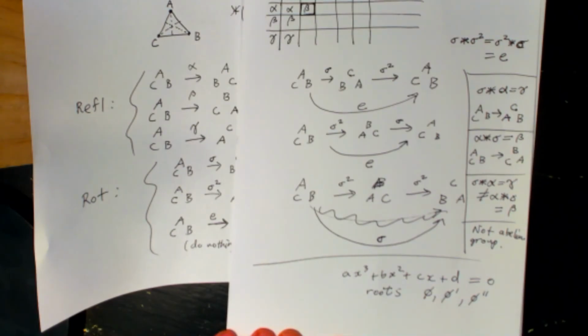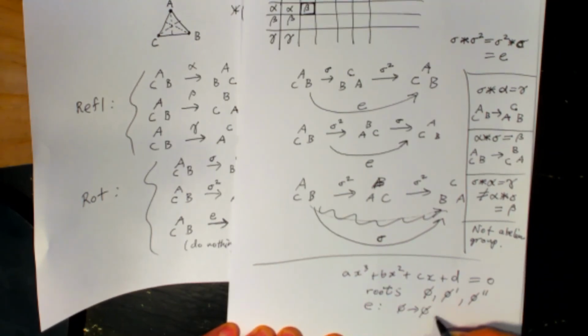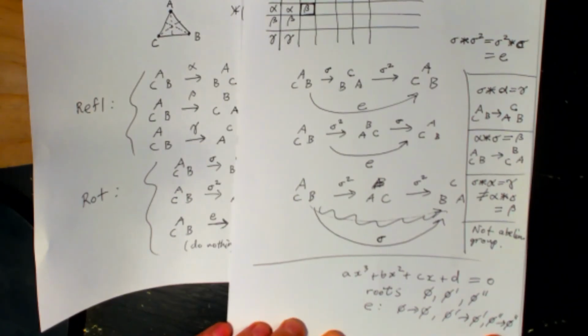So for example, we have E saying do nothing: send phi to phi, phi dash to phi dash, and phi double dash to phi double dash. That would be one of our operations in the proposed group of roots of this cubic.